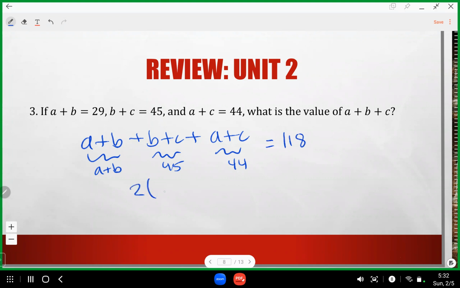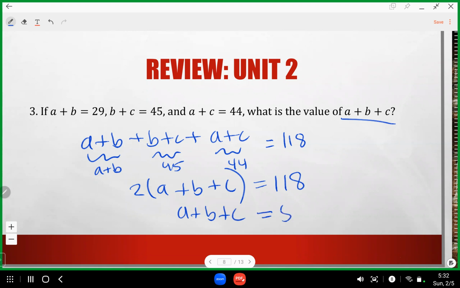It's 2 times a plus b plus c, and we don't actually need to find what a is because it just asks for the value of a plus b plus c. So since we know what 2 times that value is, we just divide it by 2, and a plus b plus c must be equal to what, 59.